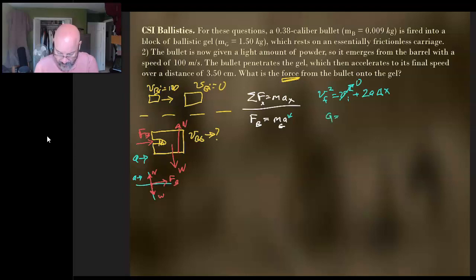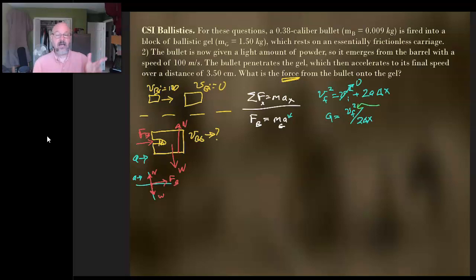So algebraically, let's turn this around. And let's say we're going to have here a equals Vf squared over 2 delta x. Okay, just like so. All right, and so now what we need is that velocity.